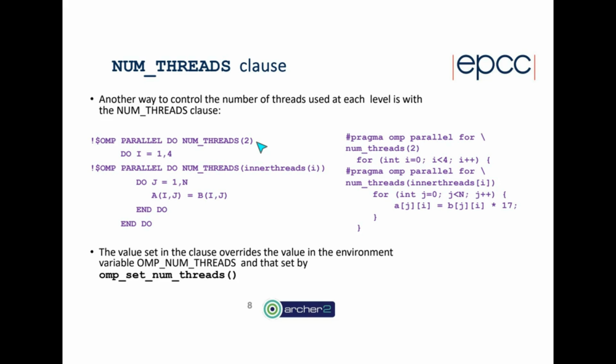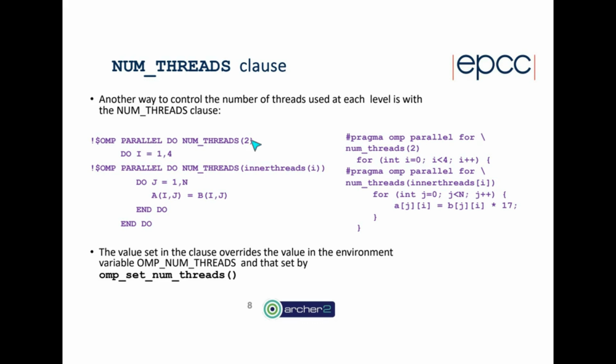So you can do it either way, and the choice is really down to software engineering concerns. In some ways it might be quite nice to have the number of threads being used lexically attached to the parallel region that it affects.